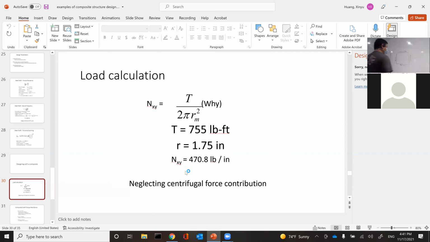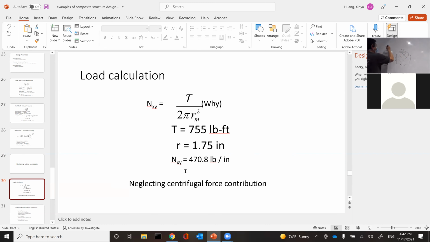It's the same thing, thin walled. So this is more or less equivalent. You can figure out NXY, the shear force applied to the panel. This is the composite panel that you want to design.